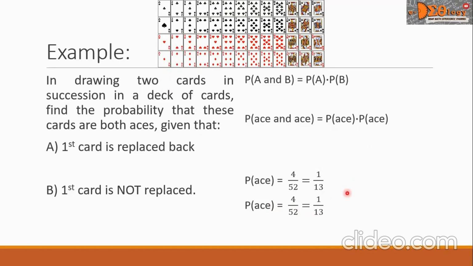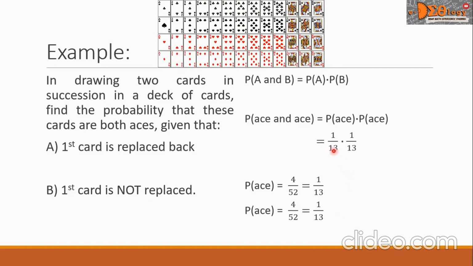Now, using our formula here, let us substitute the values. So this is equal to 1 over 13 times 1 over 13. And the product is 1 over 169. We know that we multiply numerator by numerator, and that is 1 times 1 is 1.